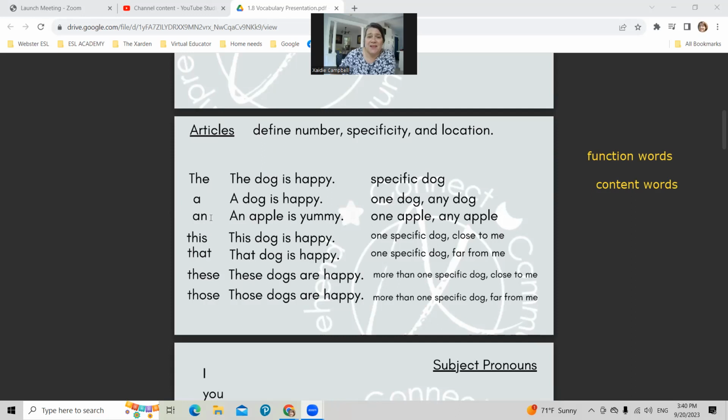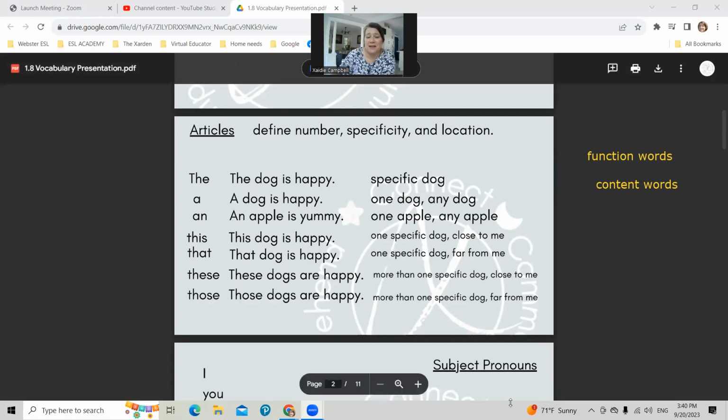An. Now I changed the sentence to an apple is yummy.